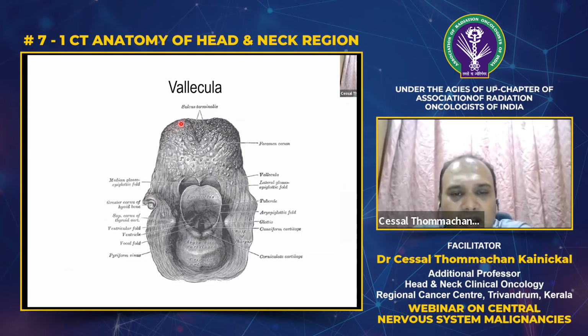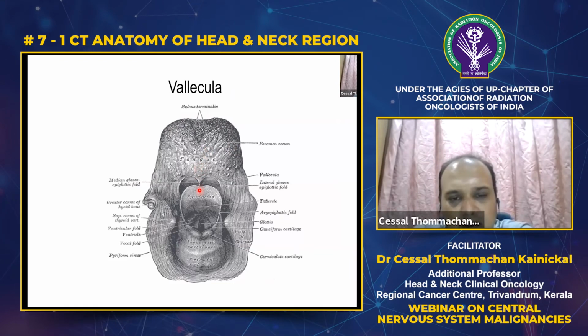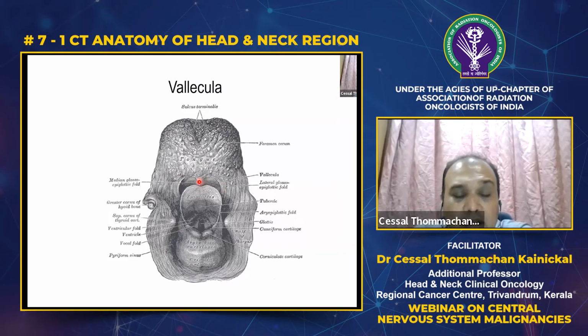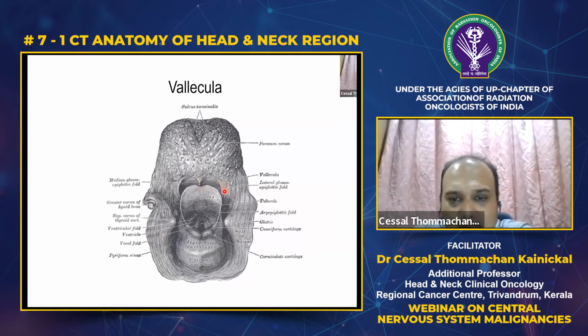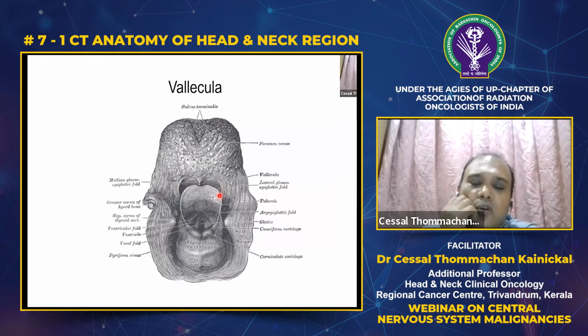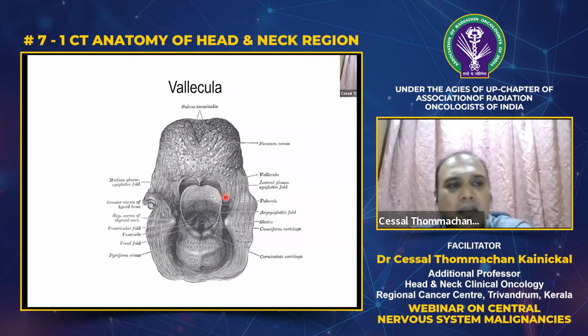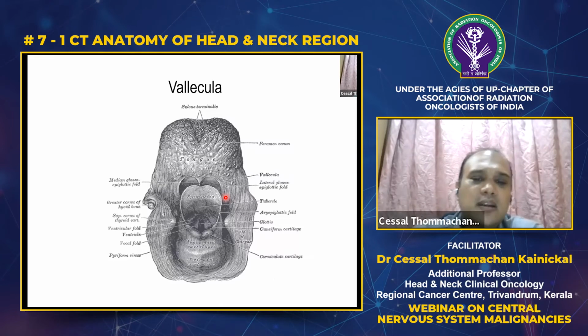Coming to the vallecula. The vallecula is a mucosal space between the tongue and the epiglottis. It is connected medially by the median glossoepiglottic fold, and laterally by the lateral glossoepiglottic fold. The lateral glossoepiglottic fold is the anatomical terminology, but radiologically it is called the pharyngoepiglottic fold, because it connects the pharynx to the epiglottis.